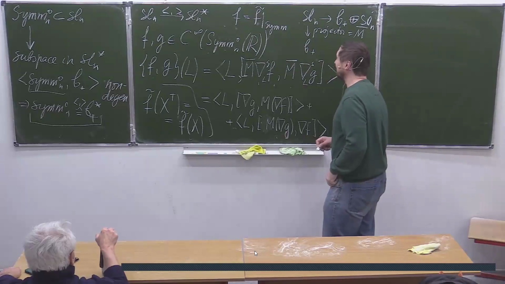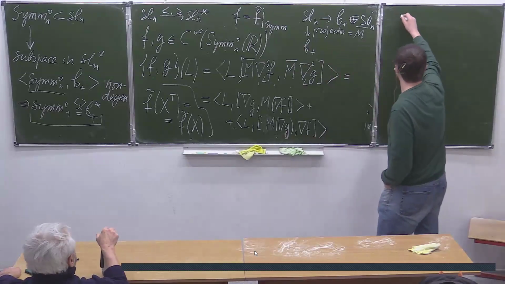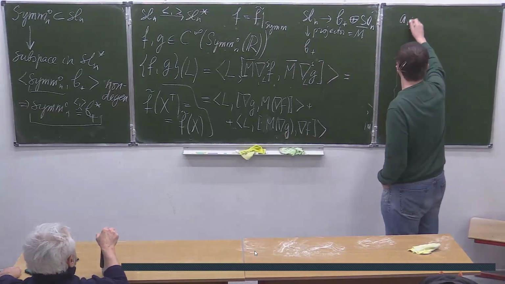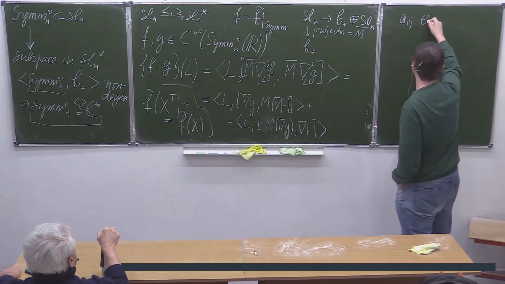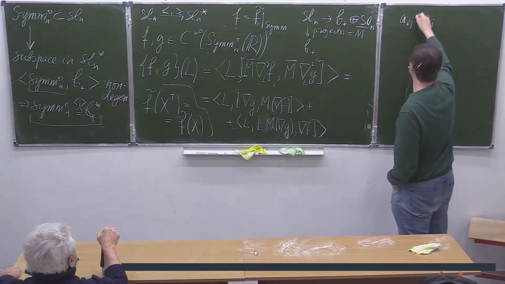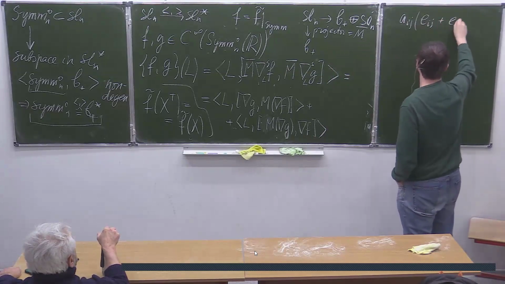Symmetric matrices have coordinates aij, and a basis eij, where eij is the matrix unit plus eji.